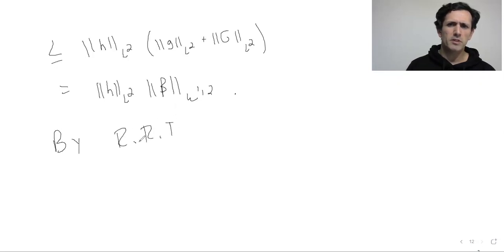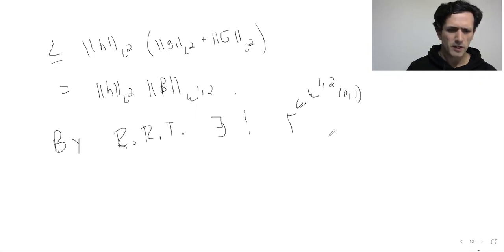So by the Riesz representation theorem, there exists a unique, exclamation mark is for unique, gamma in W^{1,2}. Okay. So this is why we need completions, because we want to use the Riesz representation theorem, and that absolutely depended on completeness.